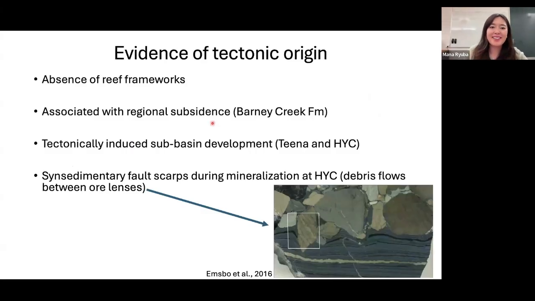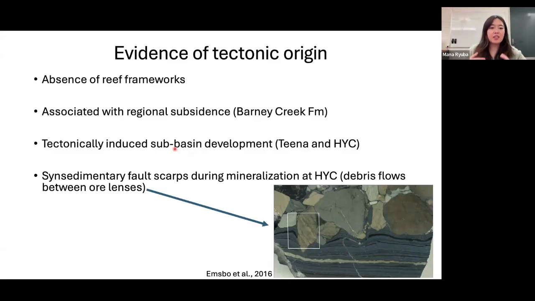We do favor this idea of the tectonic origin for the Teena Dolomite, and that's because the Teena Dolomite doesn't really show any evidence of reef frameworks as far as we can see. And also, if you look beyond the Teena Dolomite, we know that there is a regional subsidence occurring because you have that transition from a relatively shallow marine environment in the Teena Dolomite to a much deeper marine environment in the Barney Creek Formation.